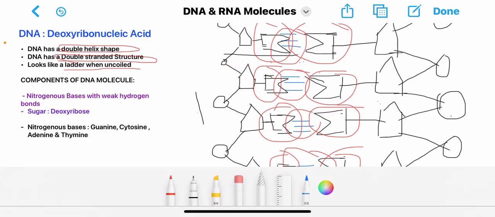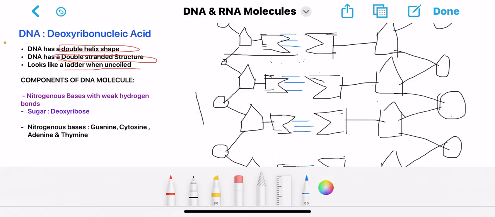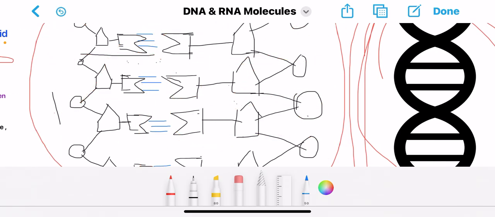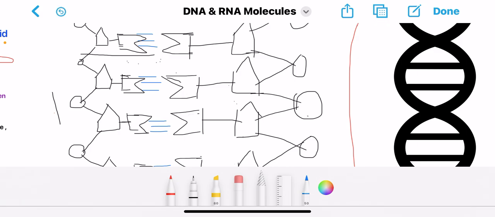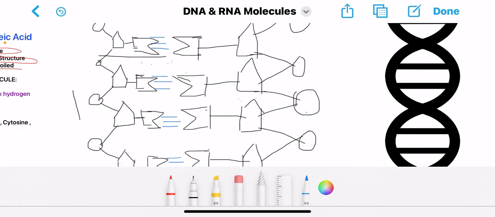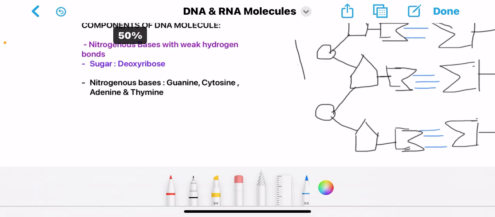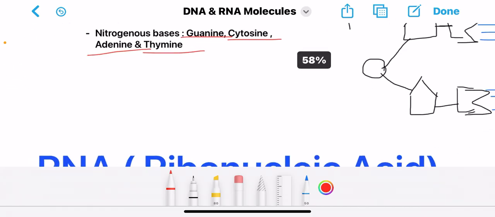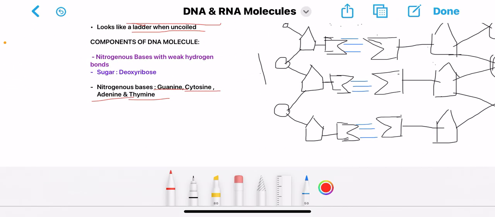So now we have nitrogenous bases, and they do vary. We have guanine, cytosine, adenine, and thymine. Now, how do these nitrogenous bases work?